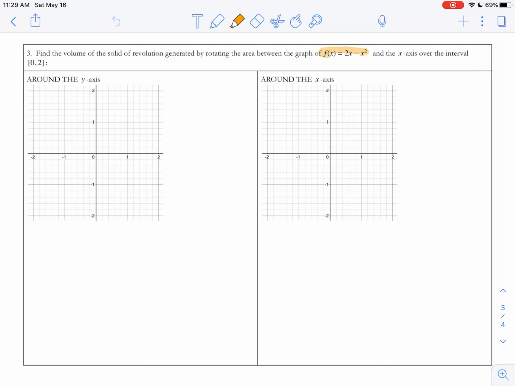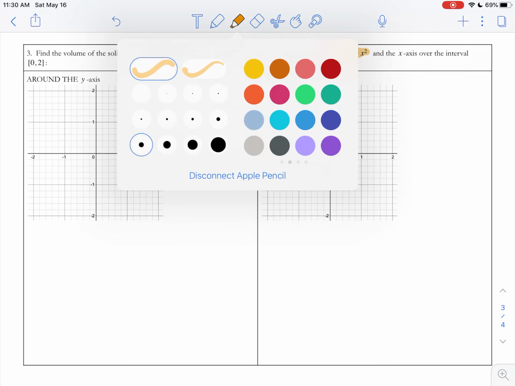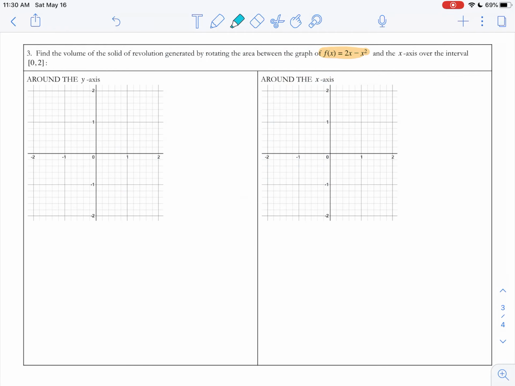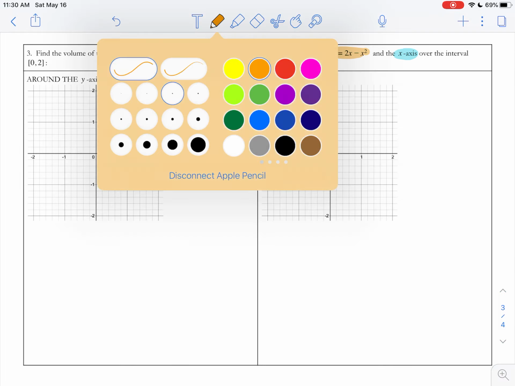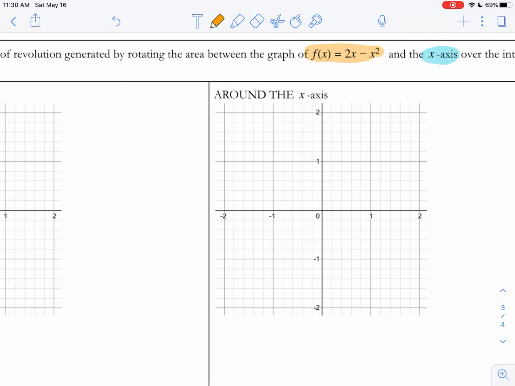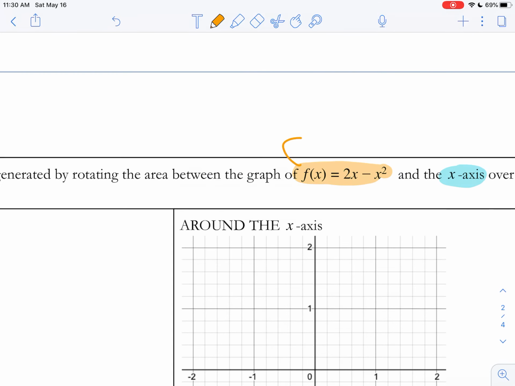So I know that f of x is 2x minus x squared, and I'm going to make the x-axis, in this case, the other curve, the blue line. Let's go ahead and sketch that. So 2x minus x squared.